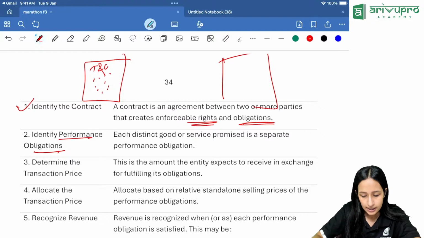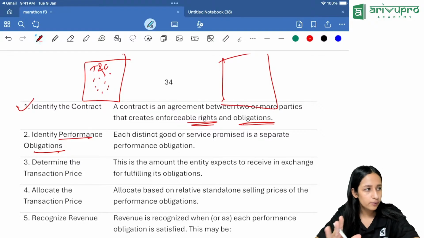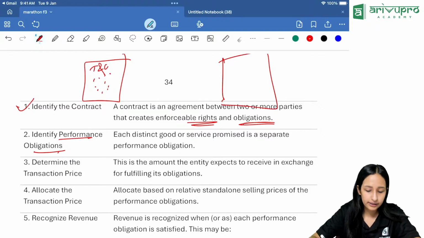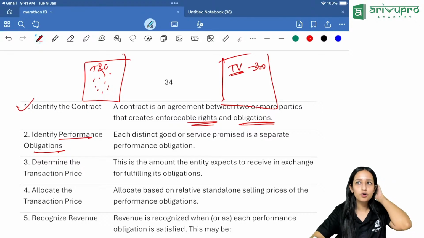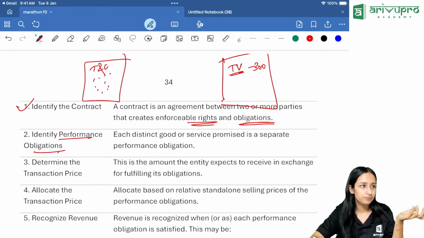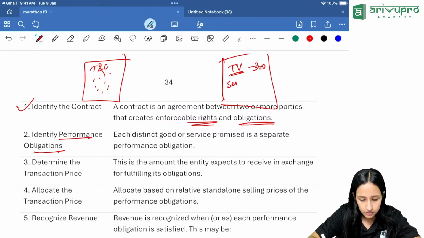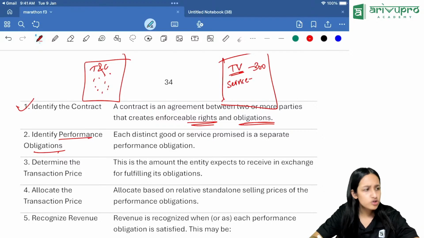For example, there's one example which is so frequently tested, so I'm just going to talk about that. Say we are supplying a TV. The TV costs 300, but then we also need to supply a service for that. For 1 year, we'll give you free service. Let's just say this is free for now, TV plus service 300 together.